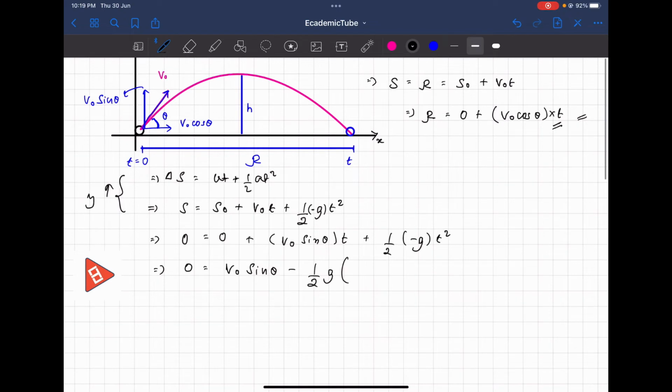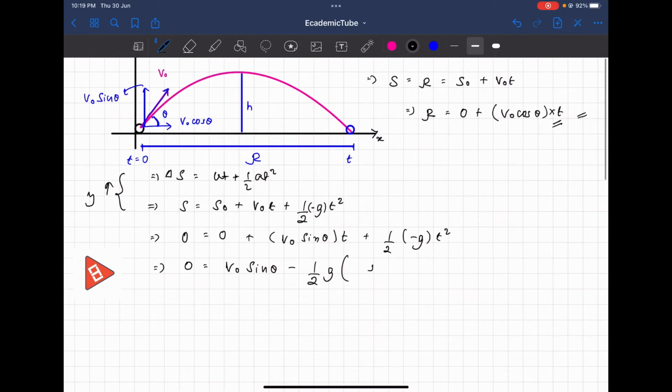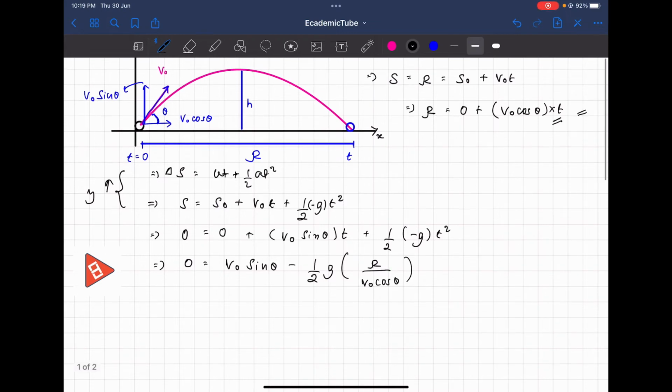The t will be equal to r by v naught cos theta, and we put that value of t here.